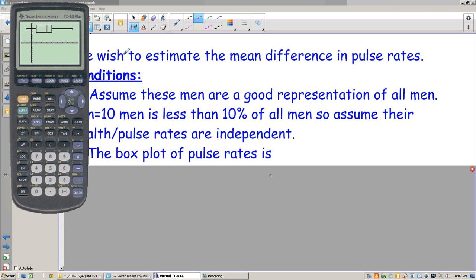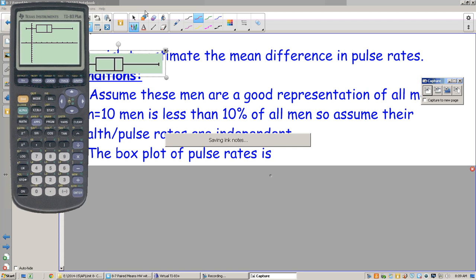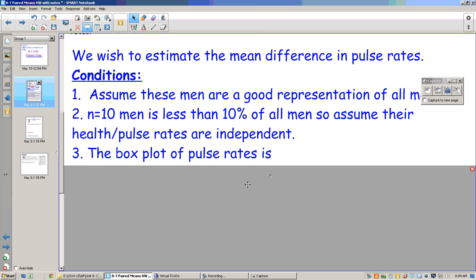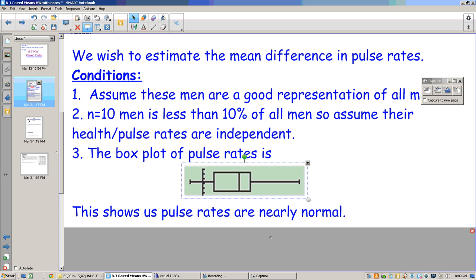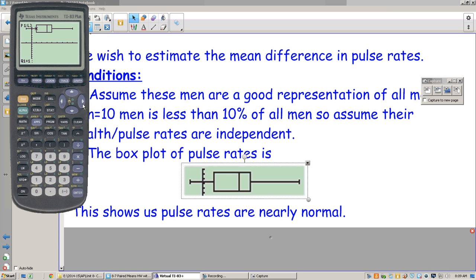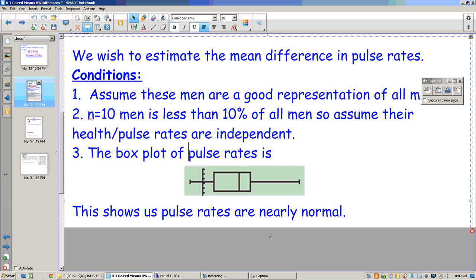If you can't see the numbers on it, you can hit trace on your calculator. So if we hit trace right now, you can see that the minimum is -1, Q1 is 1, the median is 3, Q3 is 4, and the maximum is 8. So this is actually a box plot of the differences in pulse rates.